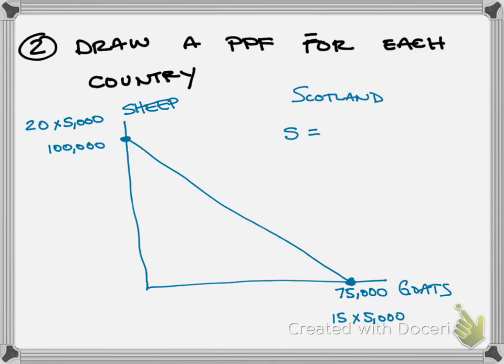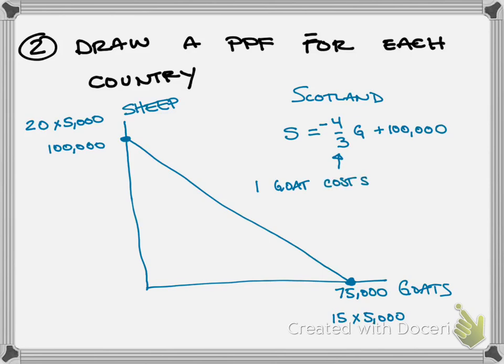Sheep equals the slope, which is 100,000 divided by 75,000, or 4/3, times goats, and that's negative. And then the y-intercept, b, in this case, is 100,000.